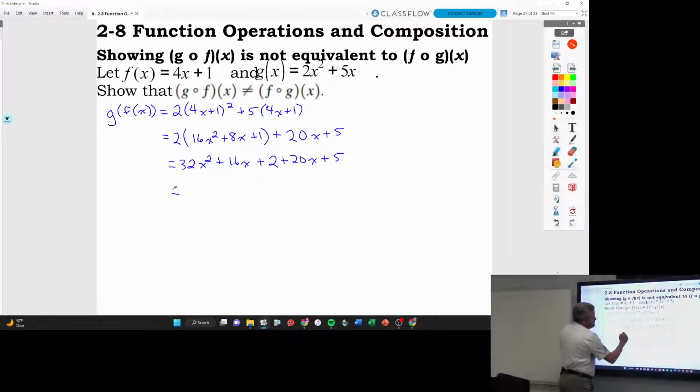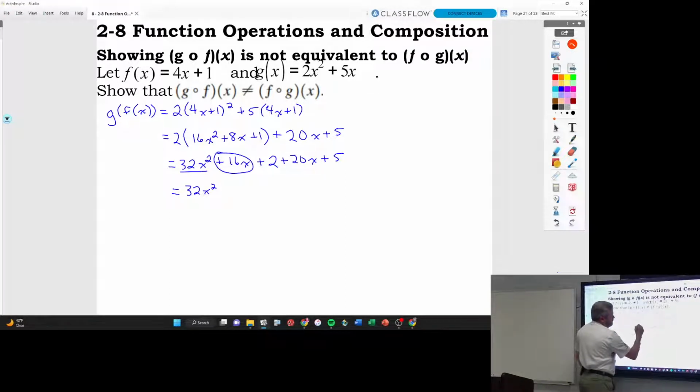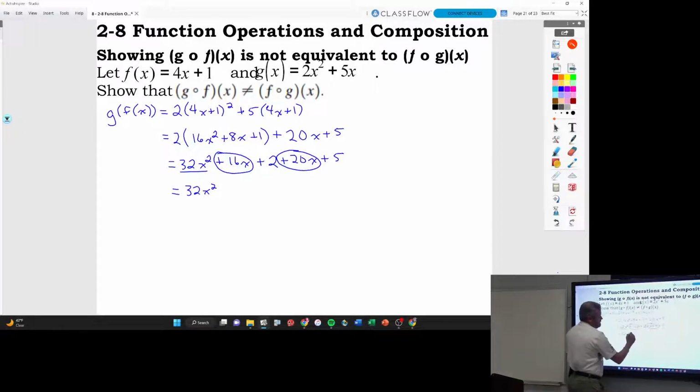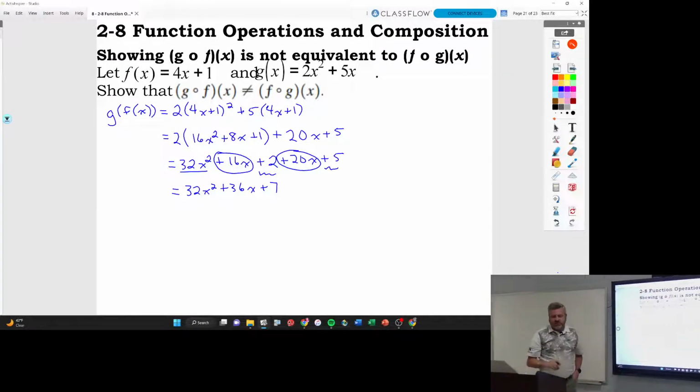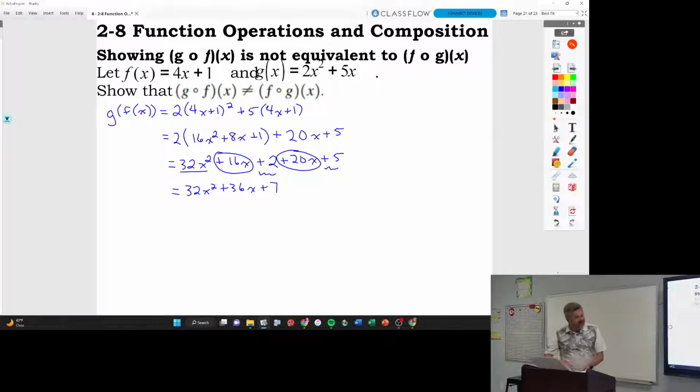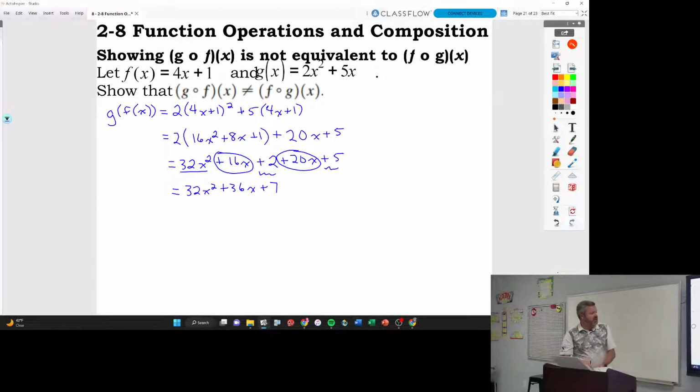Combining like terms, I have 32x squared, and then plus 32x and plus 20x, so plus 52x, and then plus 2 and plus 5, so plus 7. So g of f of x is 32x squared plus 52x plus 7.